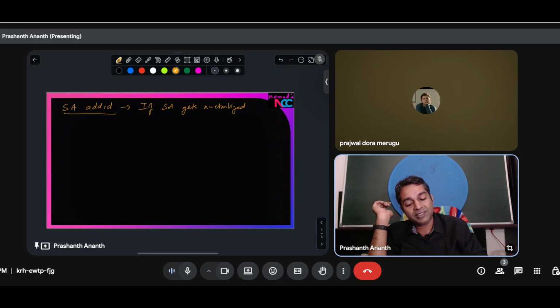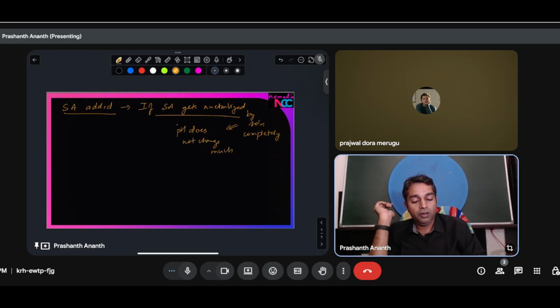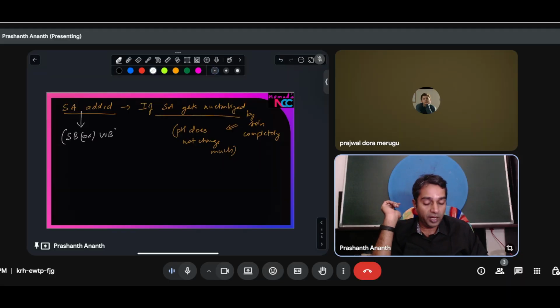So if strong acid gets neutralized by solution completely, then pH doesn't change by much. So what can neutralize a strong acid? A strong acid can be neutralized either by a strong base or a weak base. These are the two things which can neutralize a strong acid.